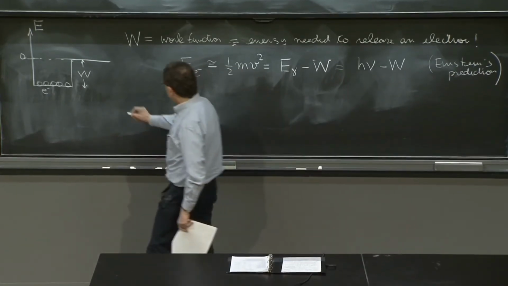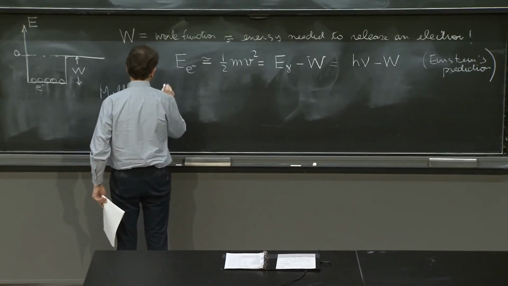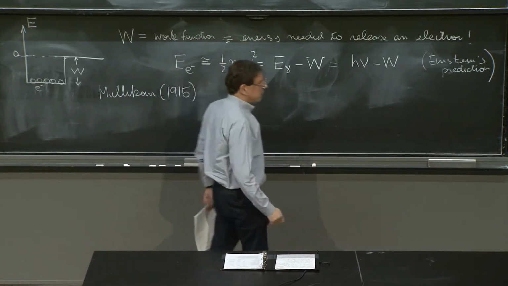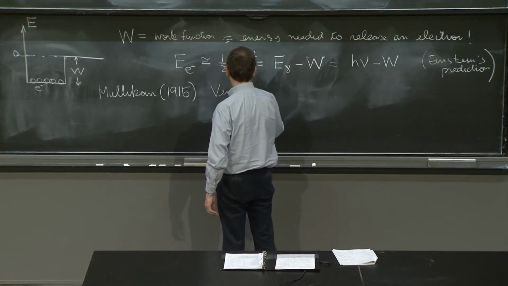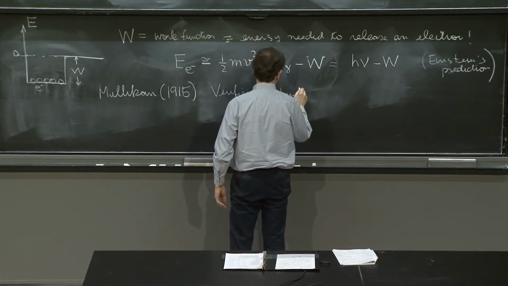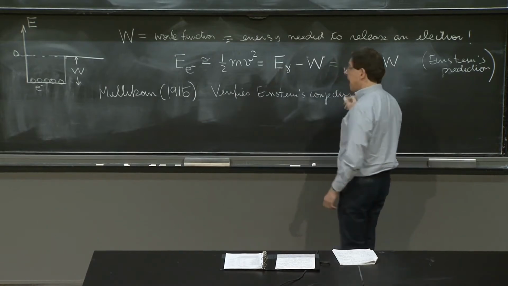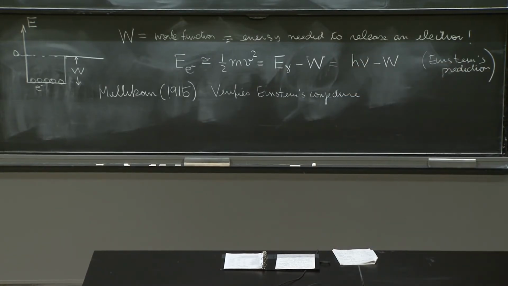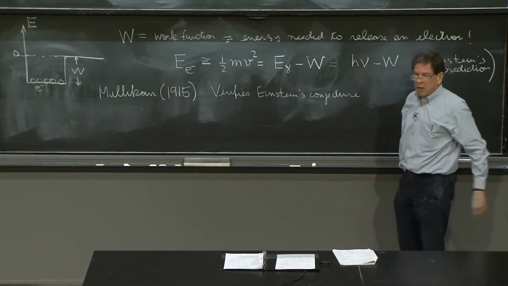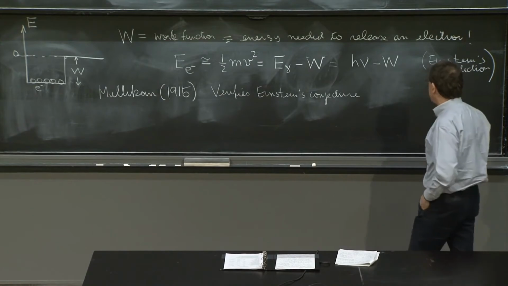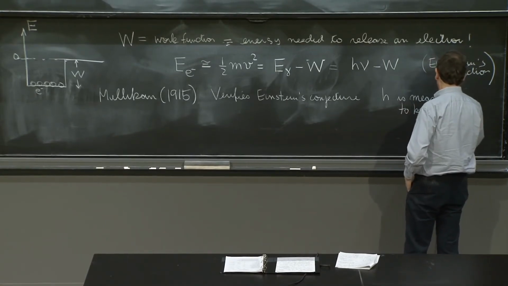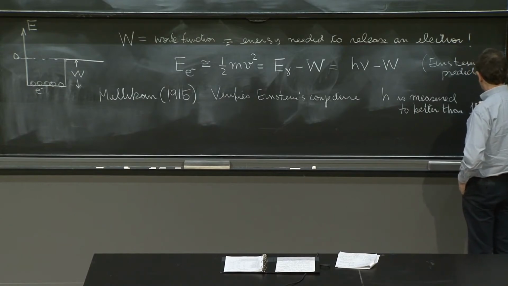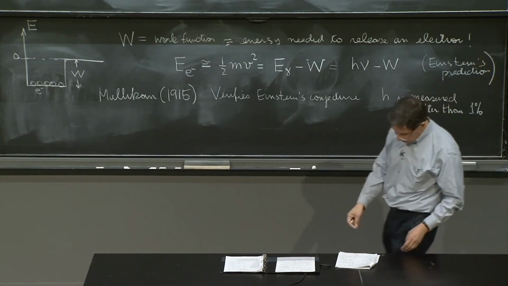So Millikan in 1915 measures the energy of the photoelectrons, verifies Einstein's conjecture, and actually produces, by measuring so carefully the energy of the photoelectrons, a measurement of h, which is the best to that point, and h is measured to better than 1%. So a very accurate measurement of h.